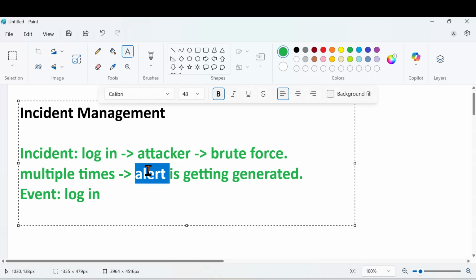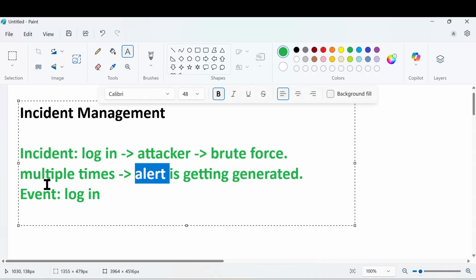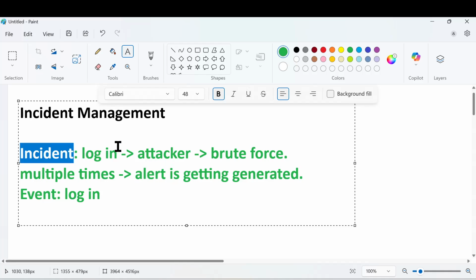After analyzing that alert, we find out whether it is really a suspicious activity, because an event can be positive or negative. On the basis of that, an alert is generated saying some suspicious activity is happening. After analyzing it, we find that it is really an incident, like some sort of attack has happened.